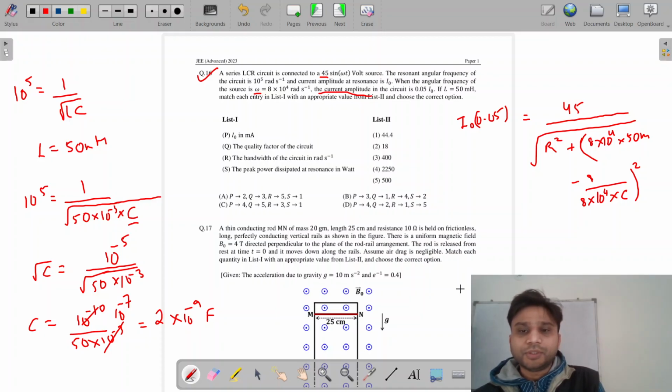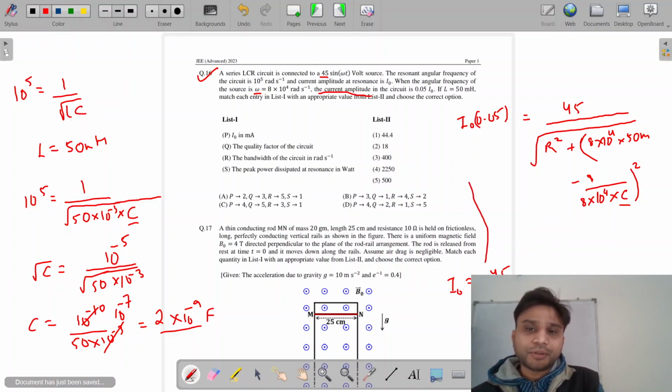We can say that 0.05 I naught is nothing but 45 divided by R. So if we substitute the value of I naught and the value of capacitance in the circuit here, those are the two calculations we have to look for.